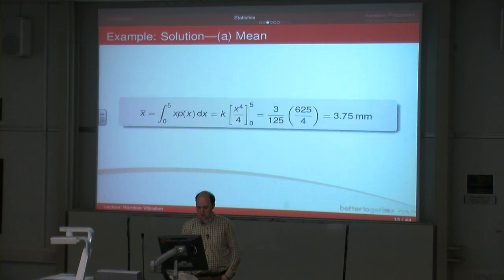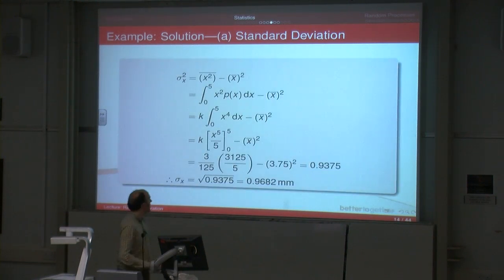So that's the mean. The standard deviation, well, we know that the variance is the mean squared minus the mean squared. So the mean square we know is the integral of x squared p(x), and you just square it, it's down here, look. So you work out the process here.